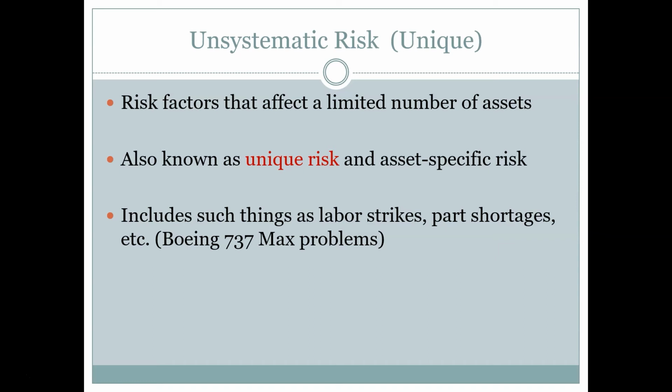We saw Boeing over the last year and a half having major issues with one of its biggest planes, and had widespread grounding because of two major crashes. Okay. So anything that we think is only bound to affect an individual company and not the entire market is an unsystematic or unique risk.